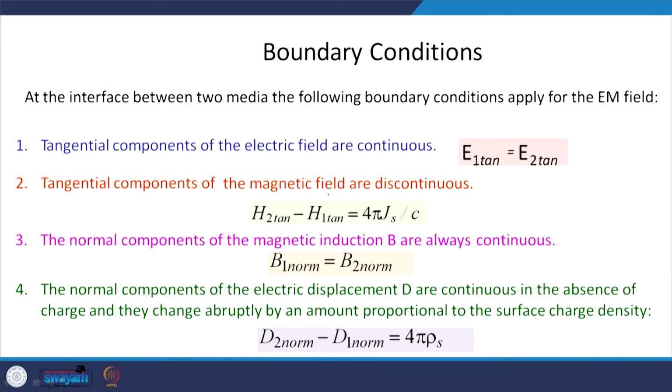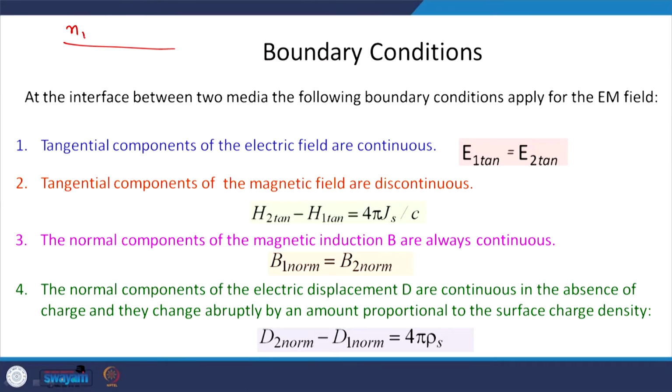We have certain boundary conditions when a light wave goes from one medium to the other medium, there is an interface. So, suppose I have one medium here which has refractive index n1, or maybe epsilon 1 mu 1, and it goes from epsilon 1 mu 1 to epsilon 2 mu 2. What will happen?